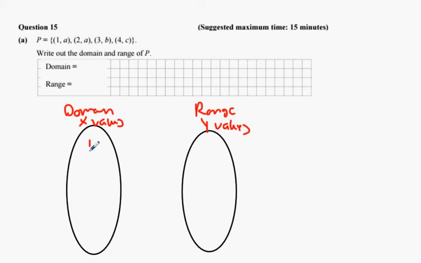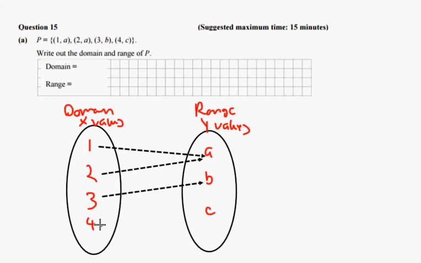So it's 1, 2, 3, 4. A, B, C. Do you understand what I'm doing there? 1 gives you an answer of A, 2 gives you an answer of A, 3 gives you an answer of B, 4 gives you an answer of C.